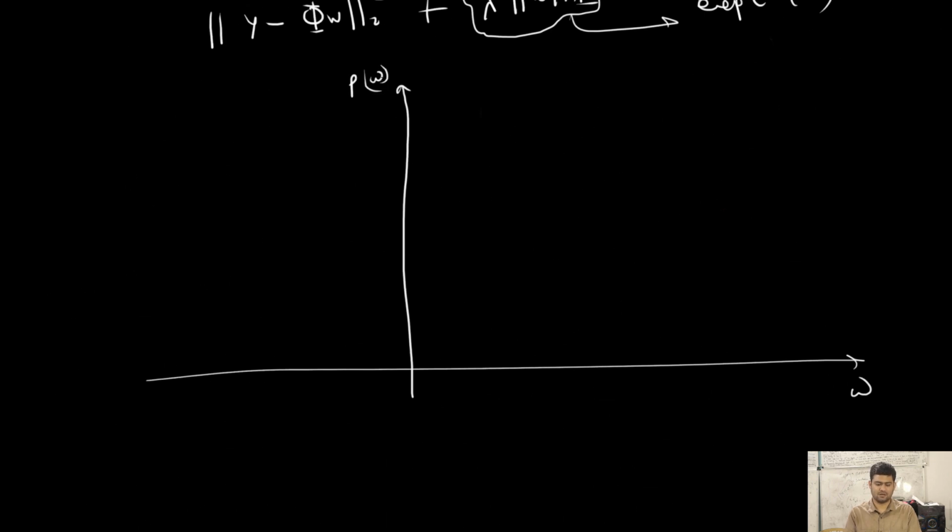So let's first plot the Laplacian distribution, with mean 0. This would be exactly symmetric, but we are not able to draw it, so this is a crude representation.